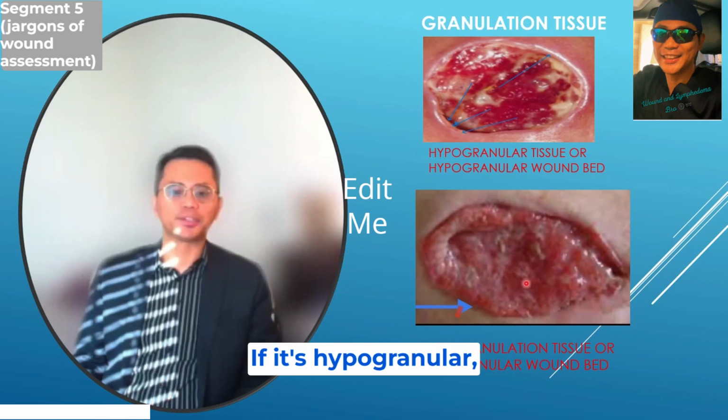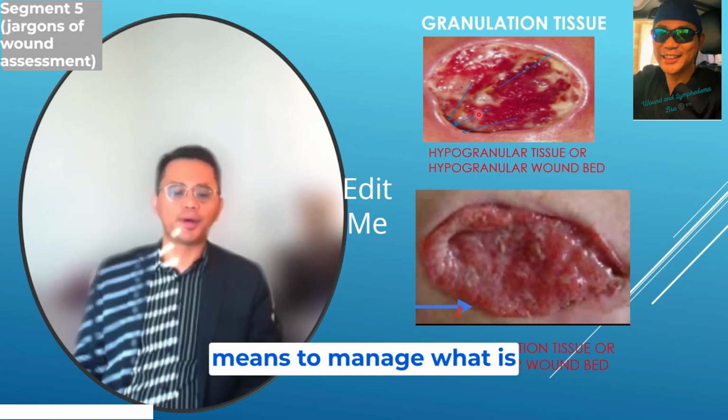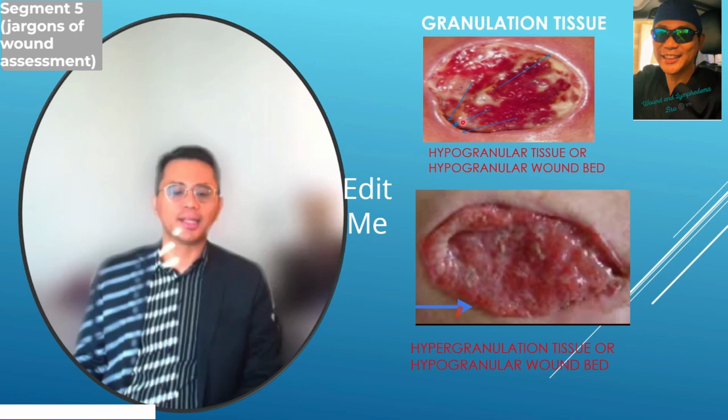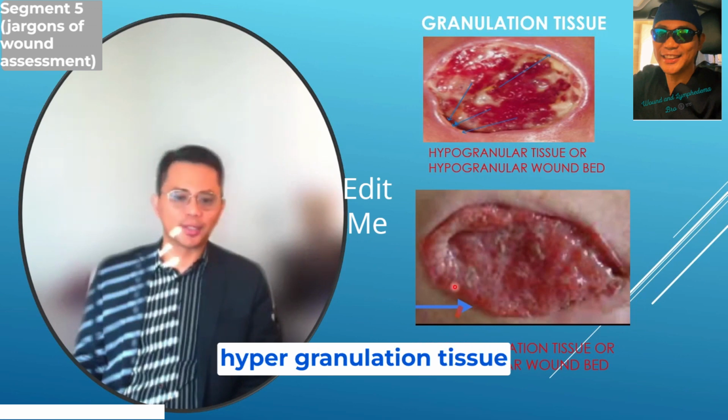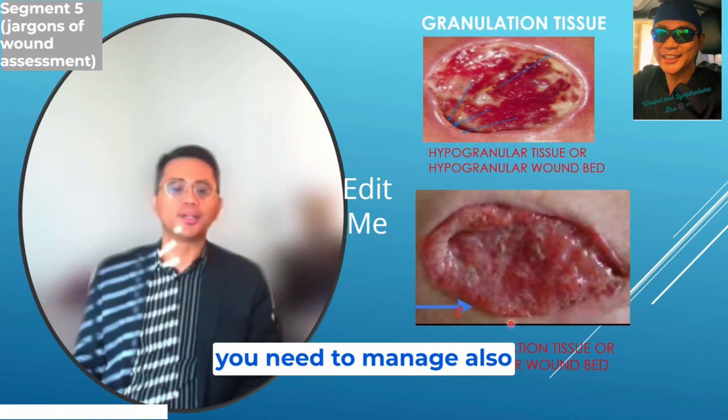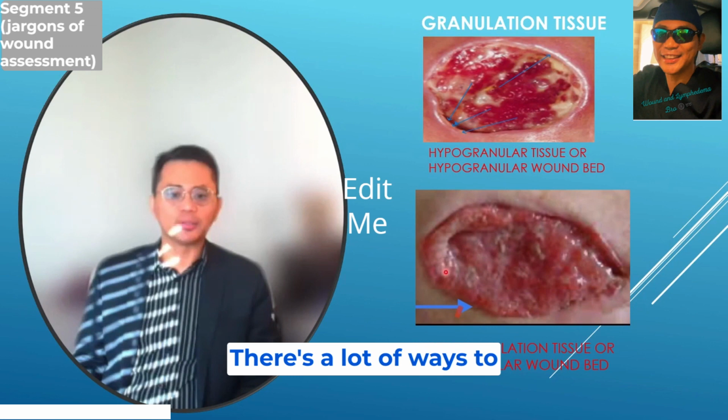If it's hypogranular, you have to find all means to manage what is causing the sluggish growth of the granulation tissue. If it's hypergranular, you need to manage this granulation tissue also. There are a lot of ways to do that.